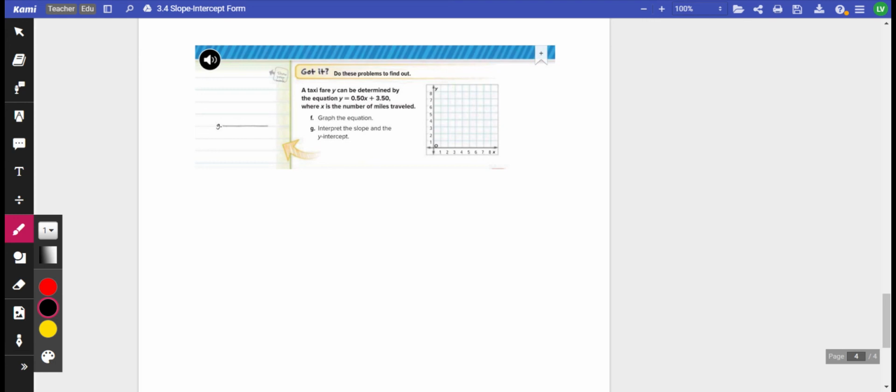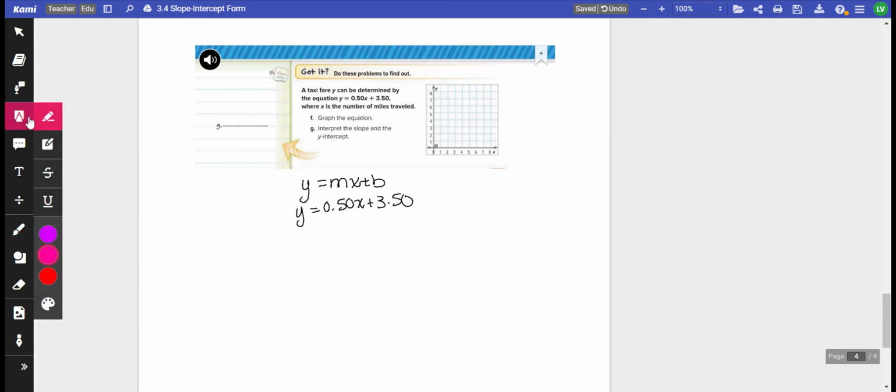All right, so let's start first by writing our slope-intercept form. y equals mx plus b. Then I'm going to take the equation that they provided to us, y equals 0.50x plus 3.50. And I'm going to break this down and determine what is my slope and what is my y-intercept. So my slope is 0.50.